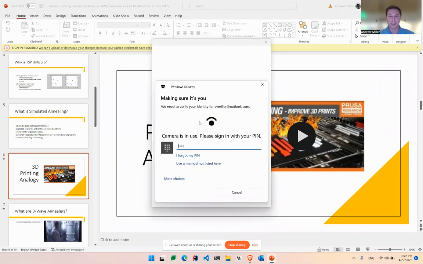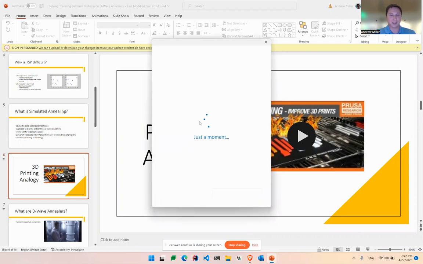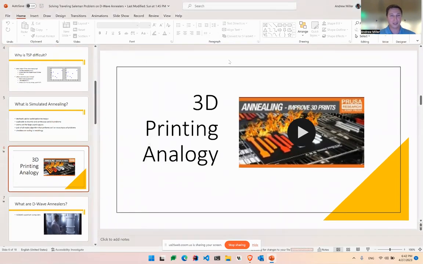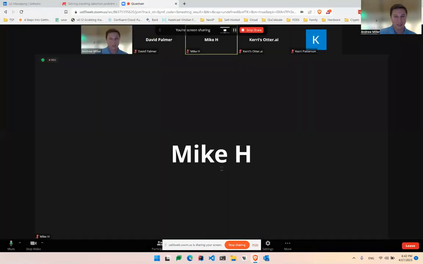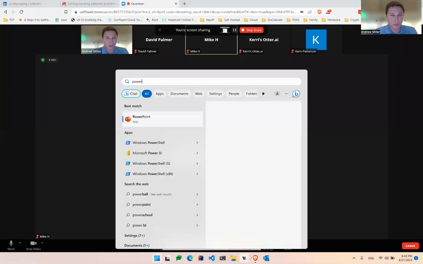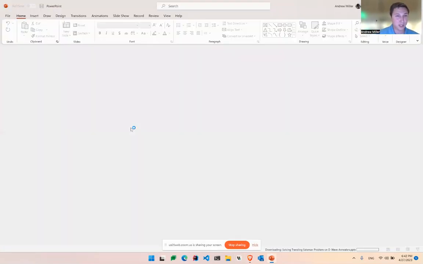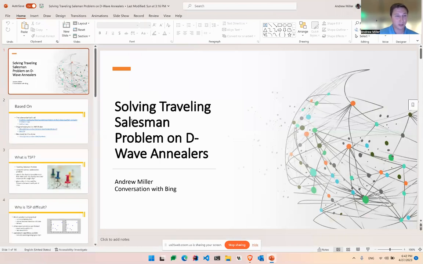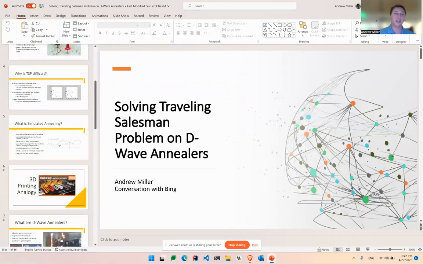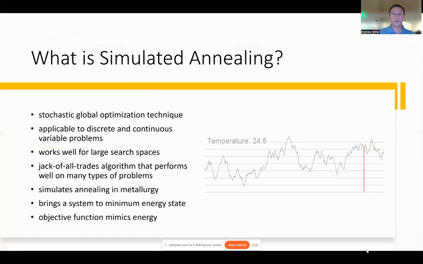I got signed out, and hopefully this will refresh the slide for me. Apologies for that. Interesting, because I was working on this computer. Okay, so that's why I wasn't seeing the diagram.